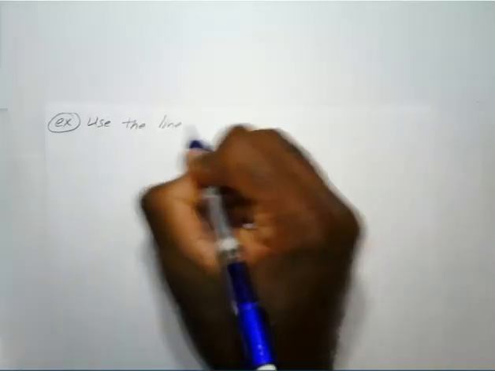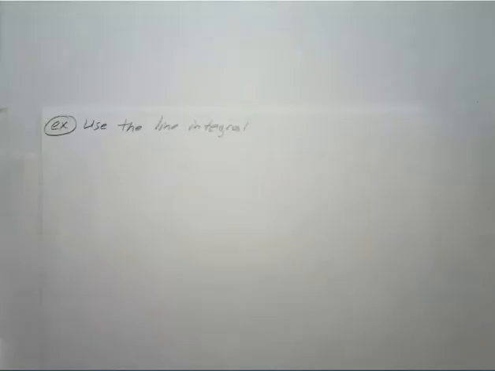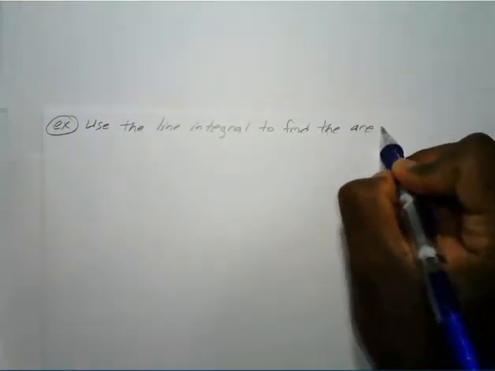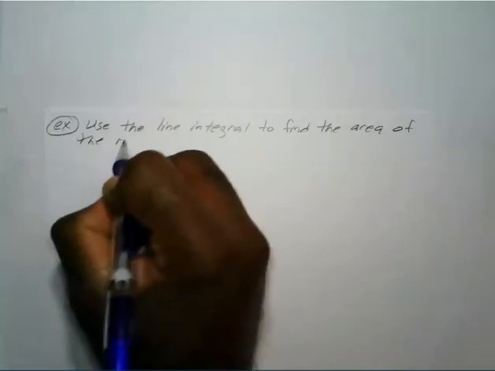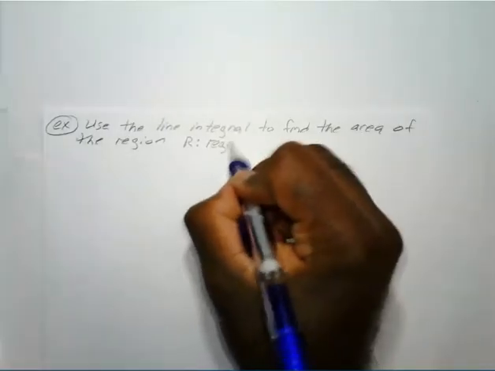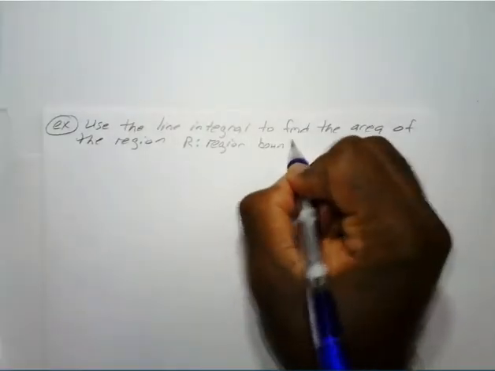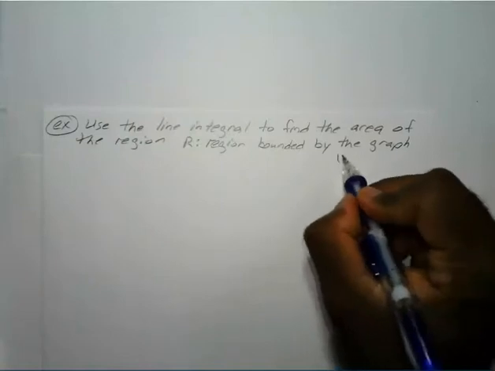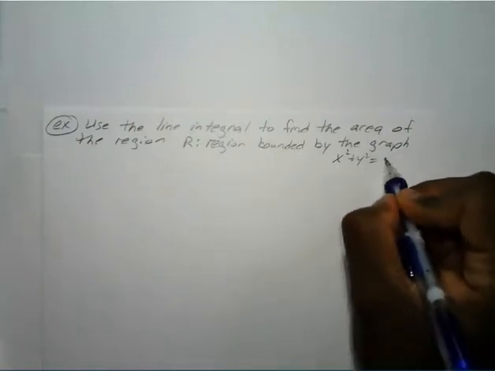Okay, so let's say, for example, we wanted to use the line integral to find the area of the region R bounded by the graph x squared plus y squared equals a squared.